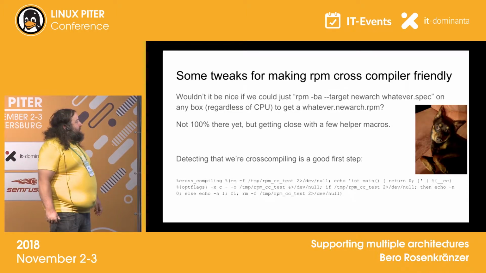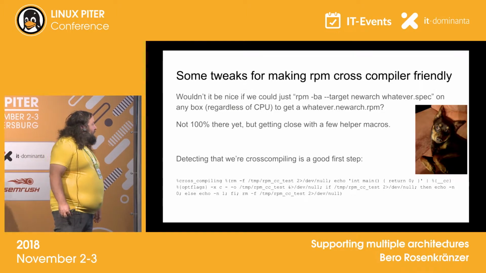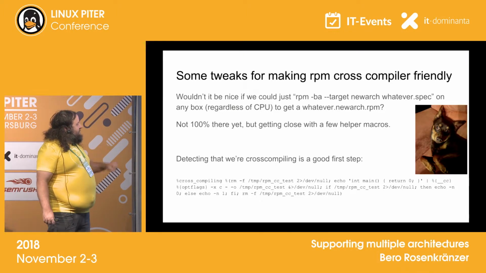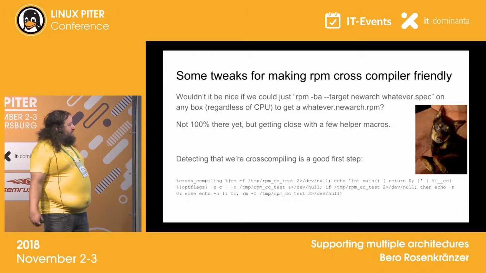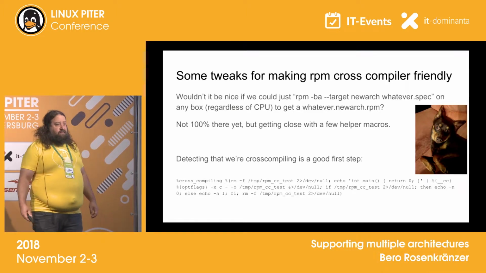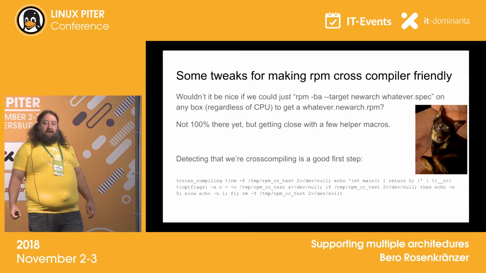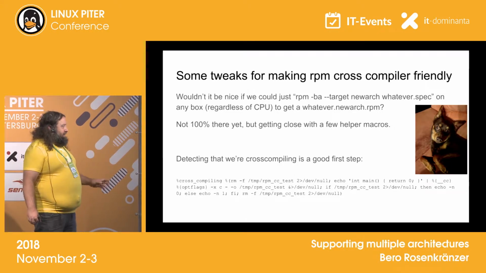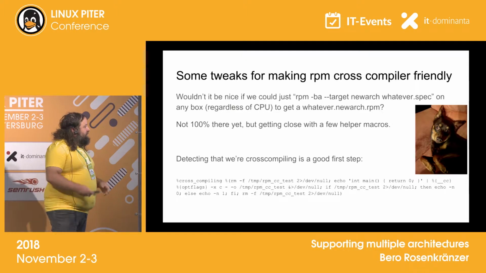So we decided to patch RPM a little to make that better. We are not 100% where we can use rpmbuild -ba --target, whatever, to just generate a package for the new target. But we are getting there.